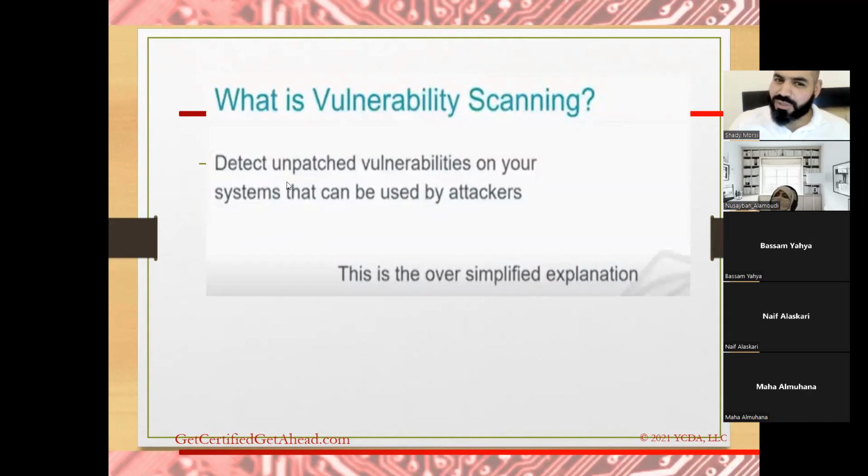It helps you detect unpatched vulnerabilities. It will not fix them for you, by the way, and this is an important thing. So who is going to fix it? You. It can only tell you that you are running a Windows or Linux machine that is vulnerable, but it will not go ahead and fix it.